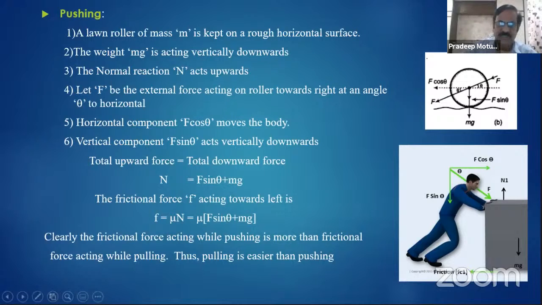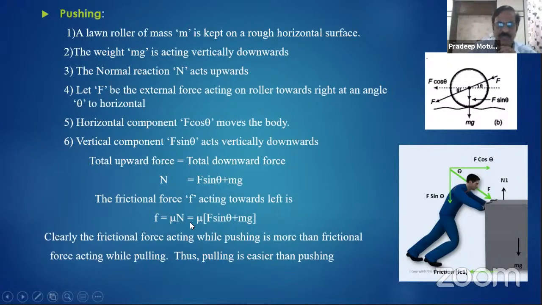Now we'll calculate the frictional force towards the left. What is the frictional force towards the left? As per the equation, F is directly proportional to N. F is equal to mu N. Substitute the value of N here.